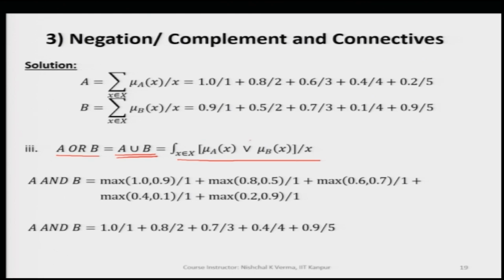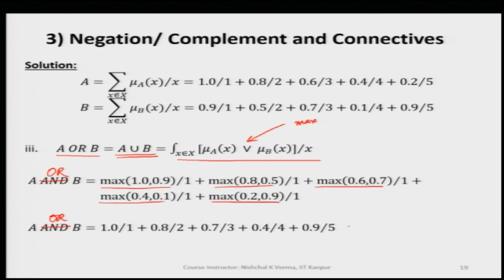You see here the max sign, the inverted open triangle, and this way we have A or B. After taking the max of the corresponding two membership values, we are getting these values.